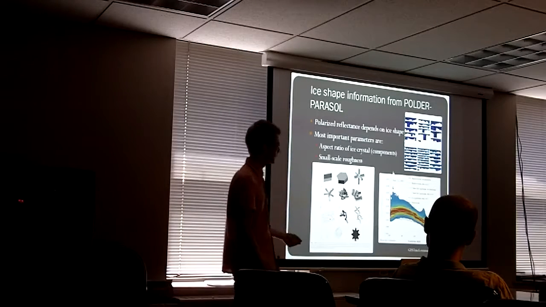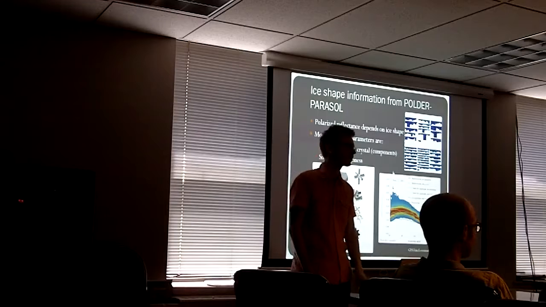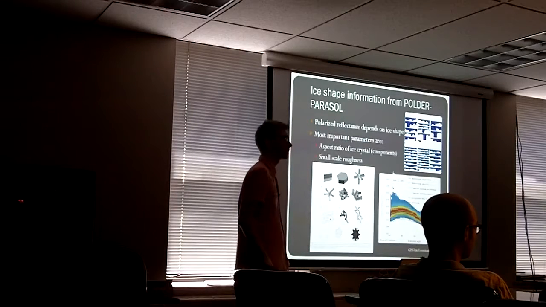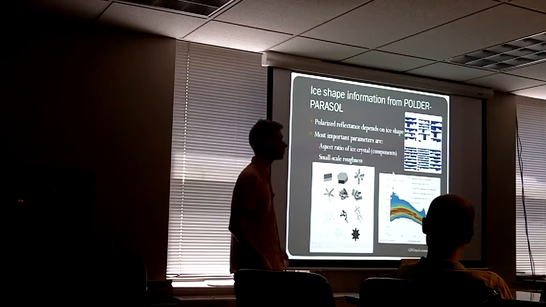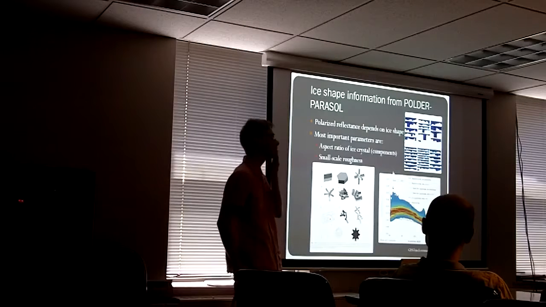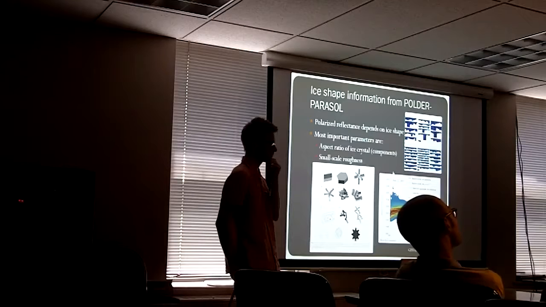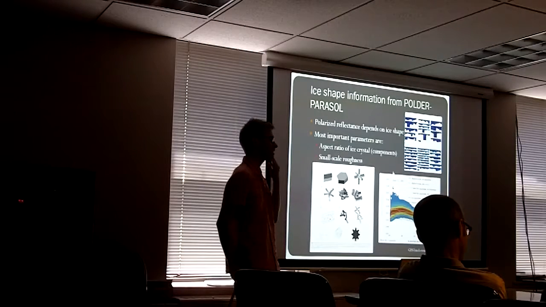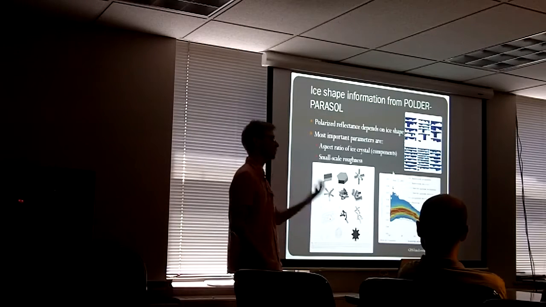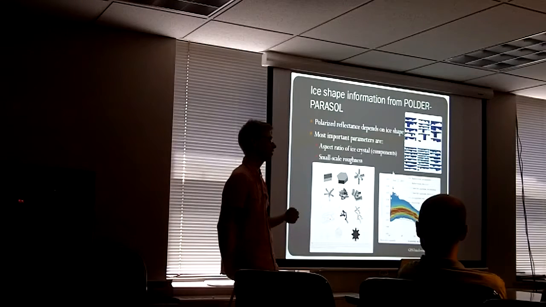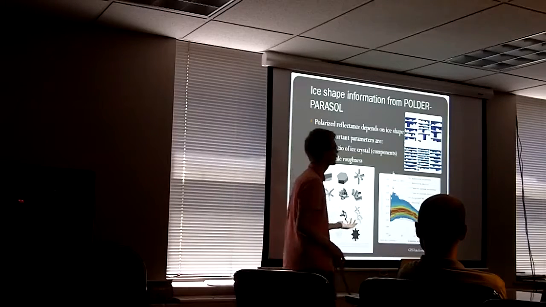Of course, I want to ask about the intuition for the aspect ratio dominating the polarized reflectance. Ice is often preferentially oriented, so would that have an influence? It does. You see features in your polarized reflectance due to the orientation, but you also see all this junk.